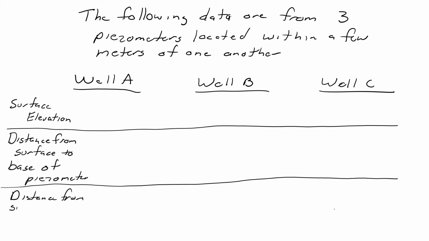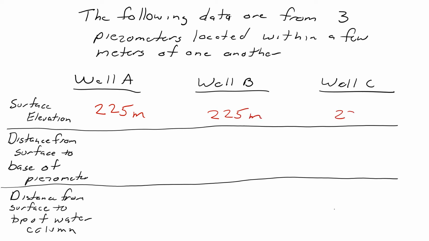And let me write this better. And this is distance from surface to the top of the water column. And then I'm just going to fill in the data for you here. Not surprising, they all have the same surface elevation because they're basically right next to one another.